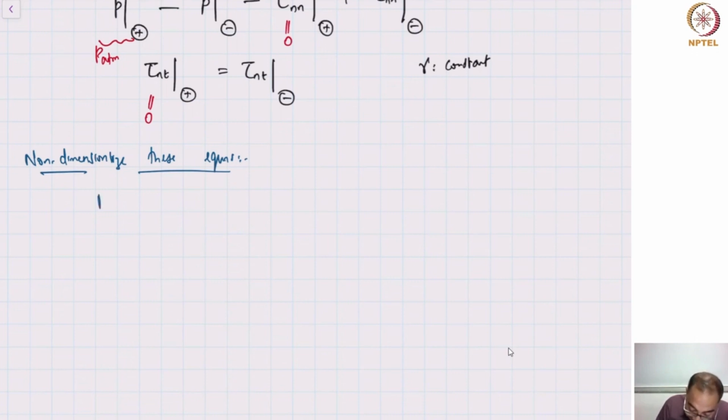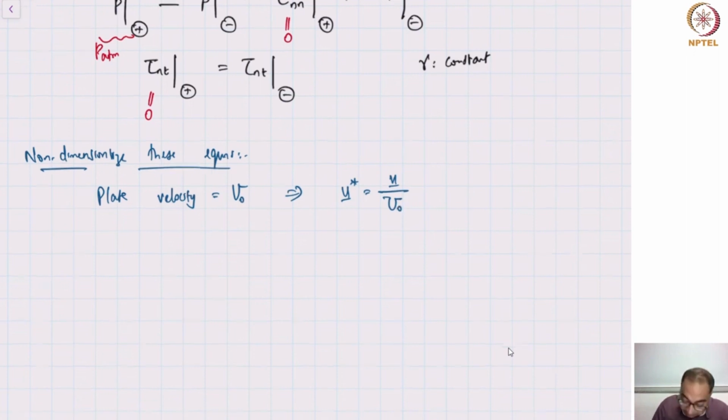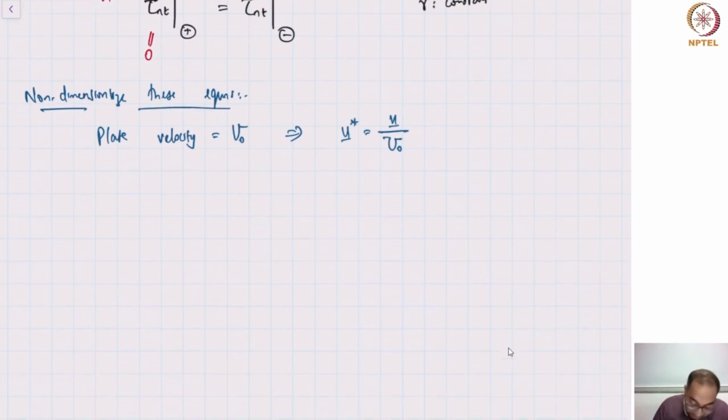So we'll say the plate velocity is U, which implies the non-dimensional velocity u would be u by capital U. Maybe we'll put a U naught to distinguish between the plate velocity and the fluid velocity. And we will non-dimensionalize the length by the capillary length.